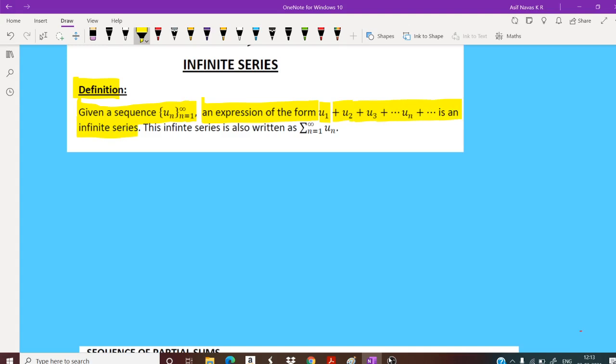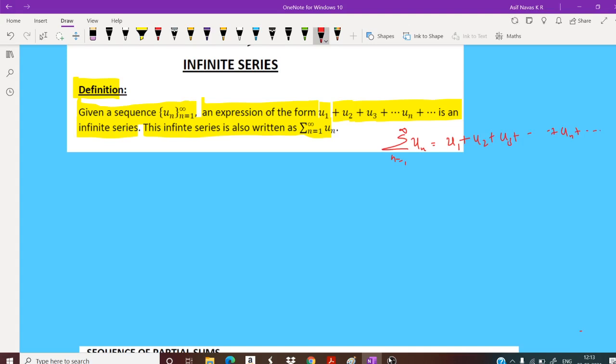This can be written as sigma n equal to 1 to infinity un. This means when n equal to 1, u1 plus u2 plus u3 and so on up to un.